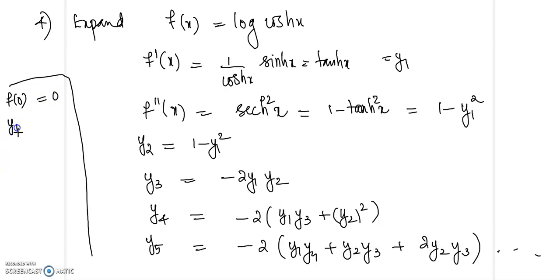Now y1 at 0 will be tan h0, which will be again 0.